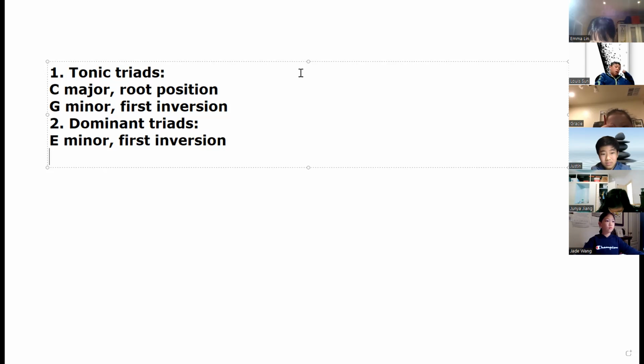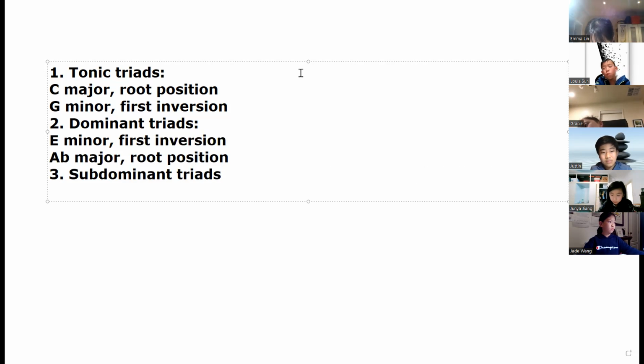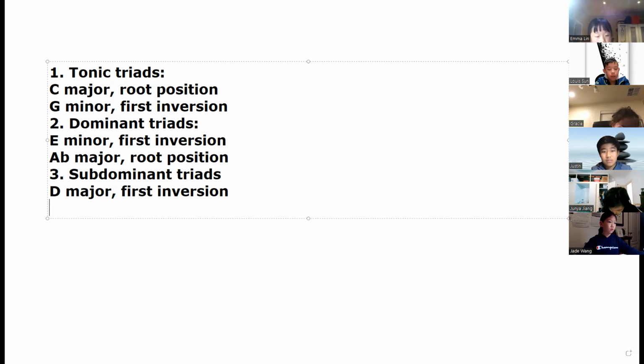And also do A flat major root position, and finally subdominant triads will have D major first inversion, and finally B flat major root position. Okay, let's go.